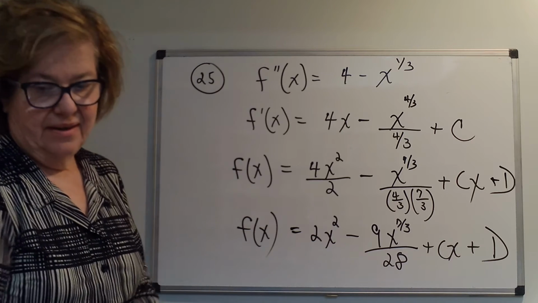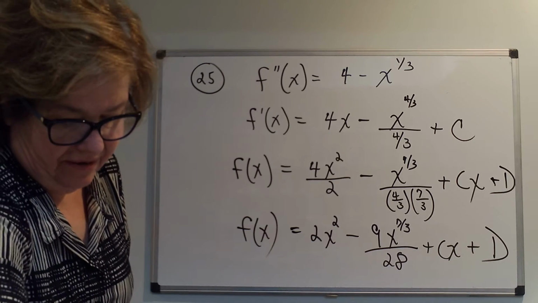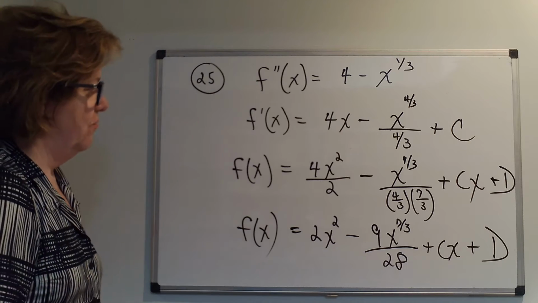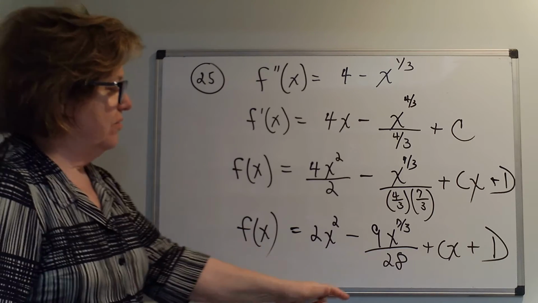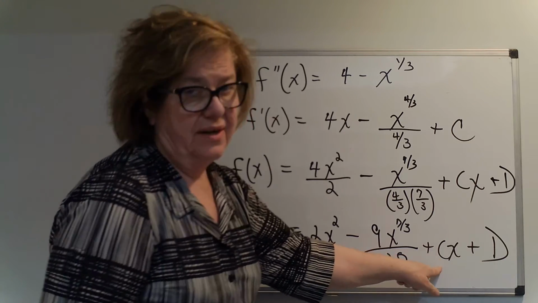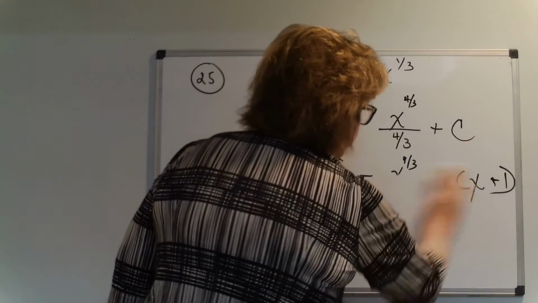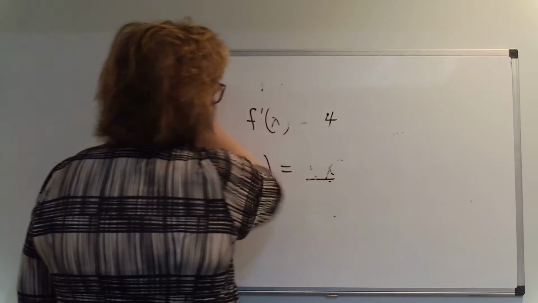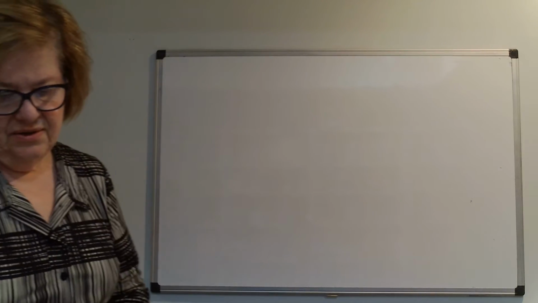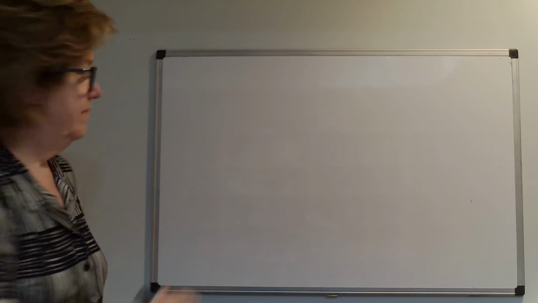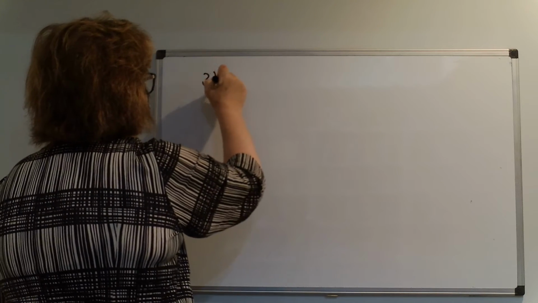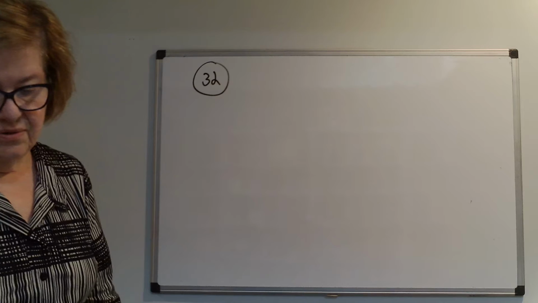Okay. Let's do now 2 problems that have one little wrinkle in it. The little wrinkle is they're going to give us information so that we can get C and D. Okay, so first let's do 32. In 32 we're given the derivative.